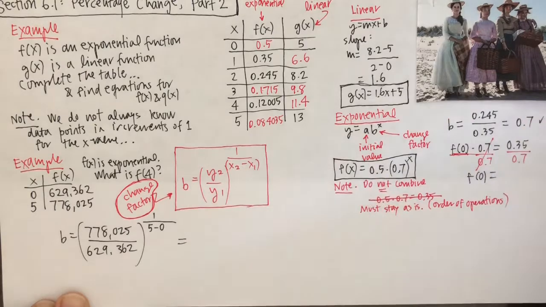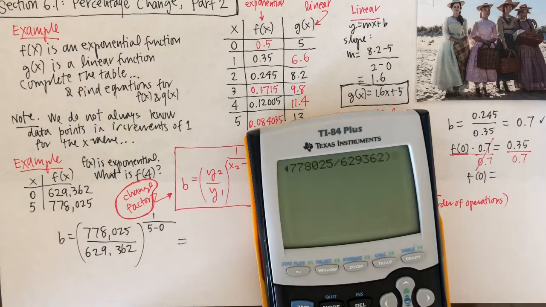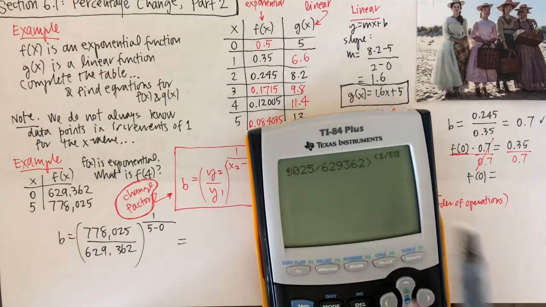So I'm going to use my parentheses: 778025 divided by 629,362, raised to the 1 over 5 minus 0. Well, that's just 1 over 5. 1 divided by 5, again using parentheses for my exponent.